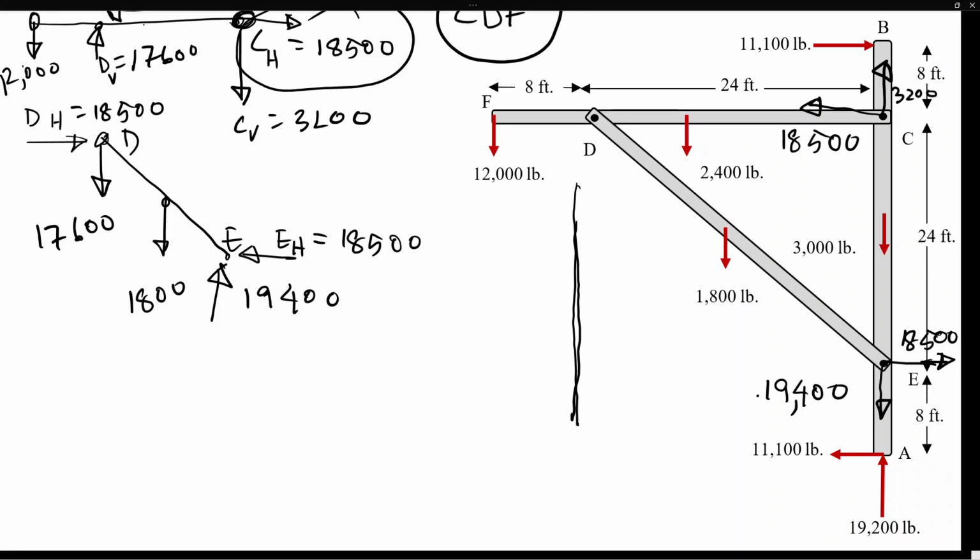Now, if you balance everything, you will see that all the external forces will be exactly the same as the internal forces. For example, the 19,200 reaction at A plus the weight of the post is going to be the exact same as the internal forces that we have calculated.